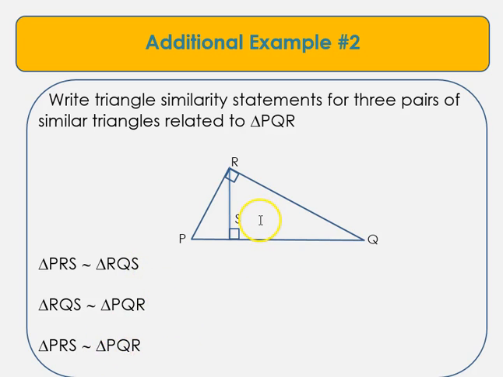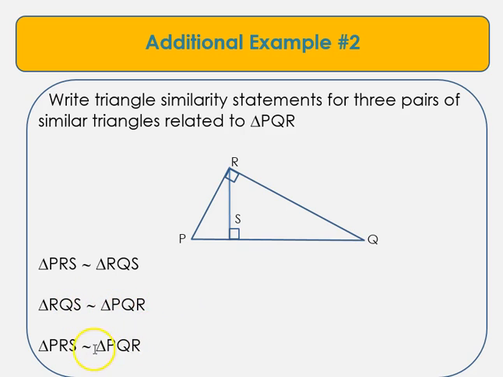Now let's take our medium triangle and compare it to our larger triangle, and the medium triangle is RQS. We started with the hypotenuse going to the long leg, so on our larger triangle we'll go hypotenuse PQ to the long leg QR. So PQR. So RQS is similar to triangle PQR.